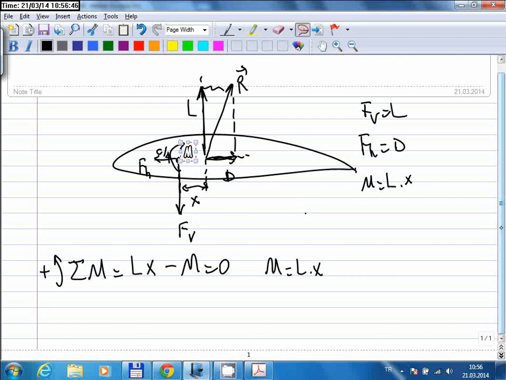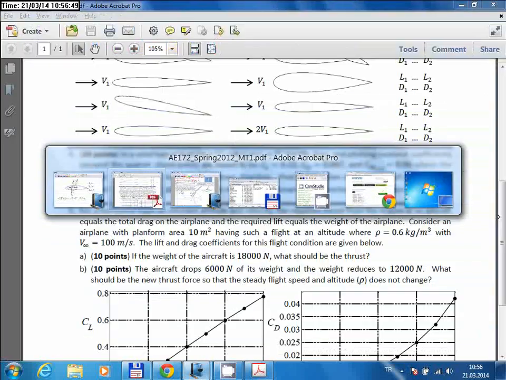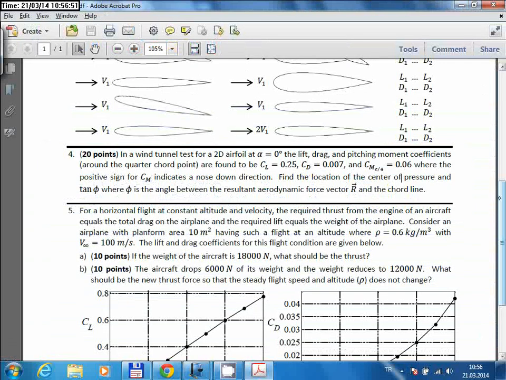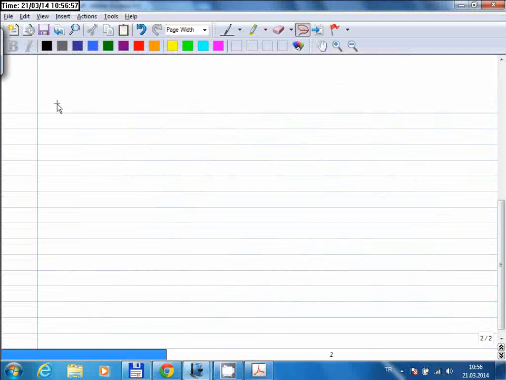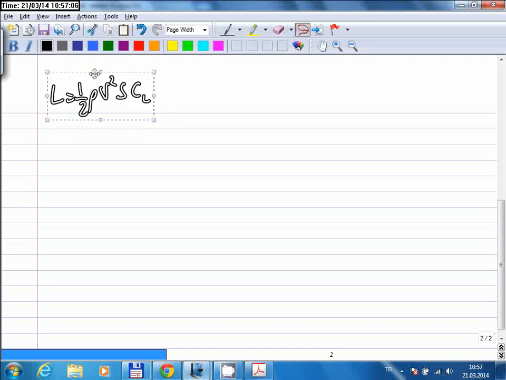Okay, so let me just write my equations. Only the coefficients are given, right? So the lift force should be 1 over 2 times rho times V squared times S times CL. By the way, you should all know this equation.